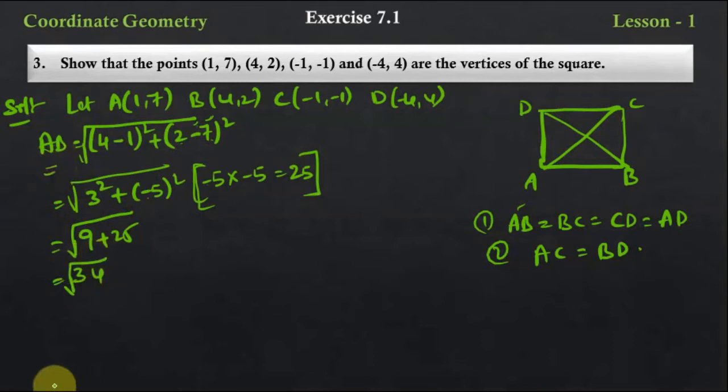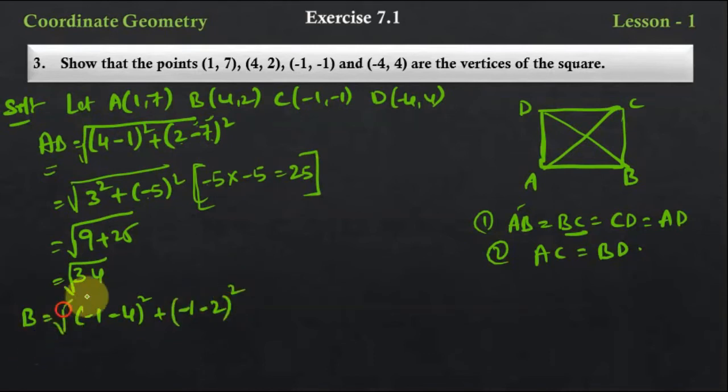Now we will find the value of BC. Second, we should find the value of BC. So what is BC then? Same formula, distance between B and C. So here x2 is minus 1, x2 minus x1 is minus 5, whole square, plus y2 is again minus 1 minus y1 is 2, whole square.